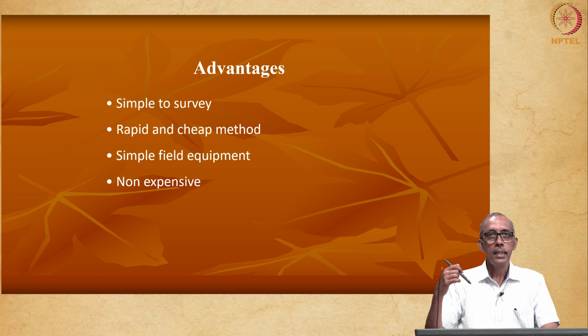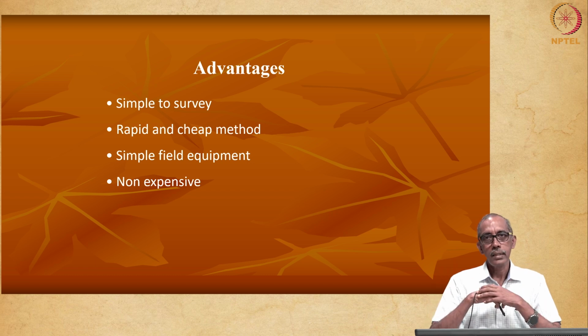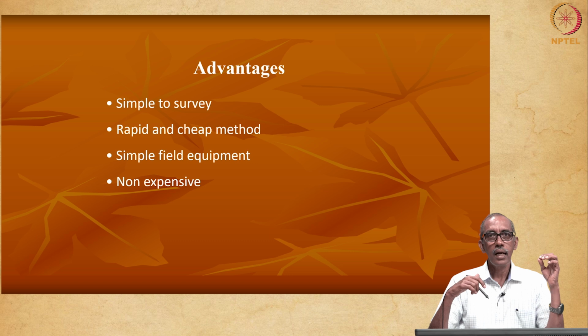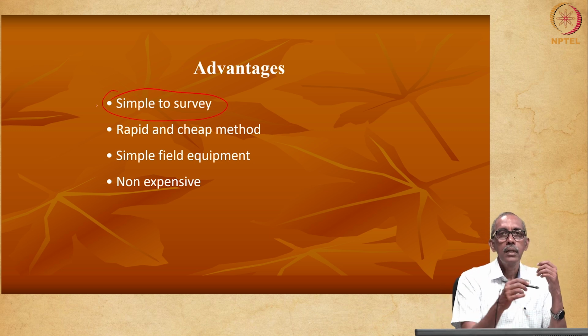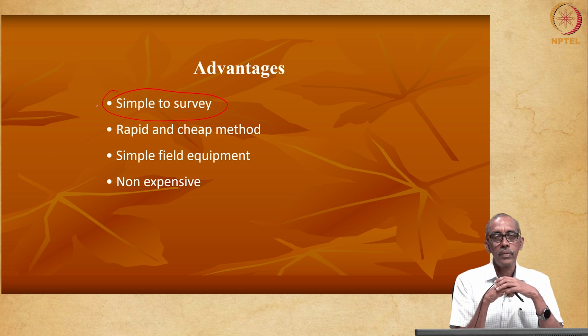Let us see some advantages. What are the advantages? In fact, we started this method by saying this is the simplest geophysical method. So, the greatest advantage is that it is very simple to carry out the investigation.